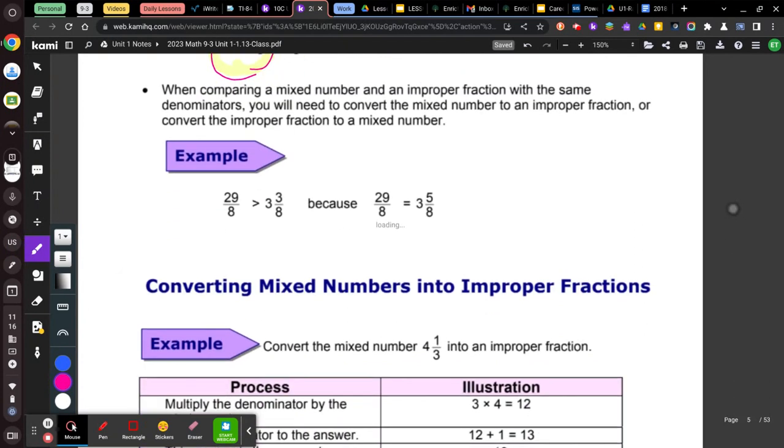All right. How do you know if something is in a mixed number versus in an improper fraction? The easiest way, equals, convert to decimals. Convert both numbers to decimals.